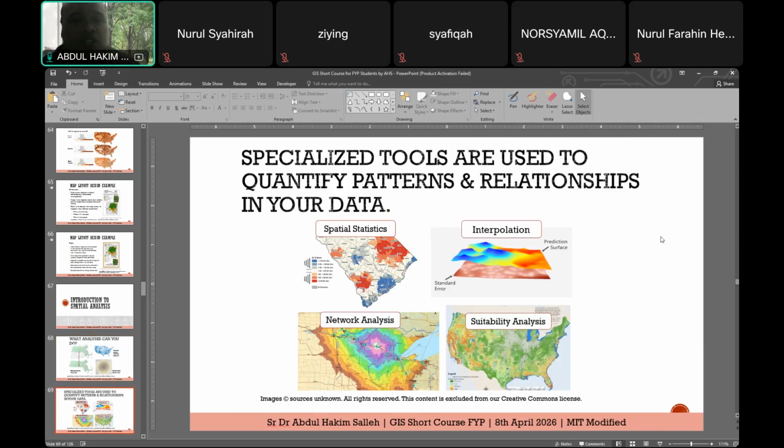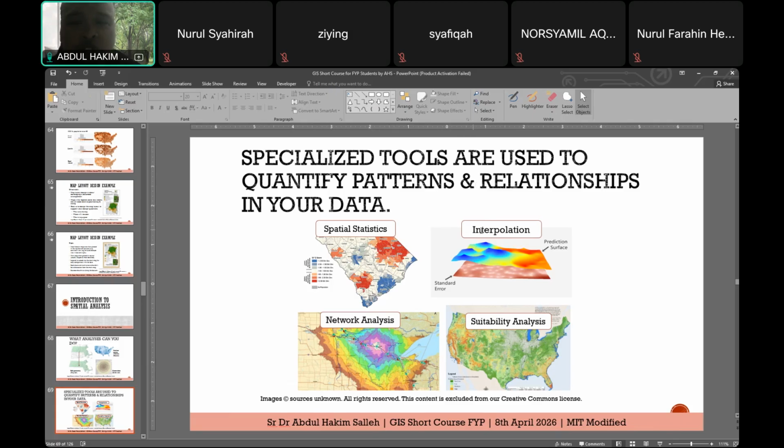Next, specialized tools are used to quantify patterns and relationships in your data. For example, the spatial statistics here, where it relates one type of data to other types of data that you have, and that produces something like this, the hotspot.